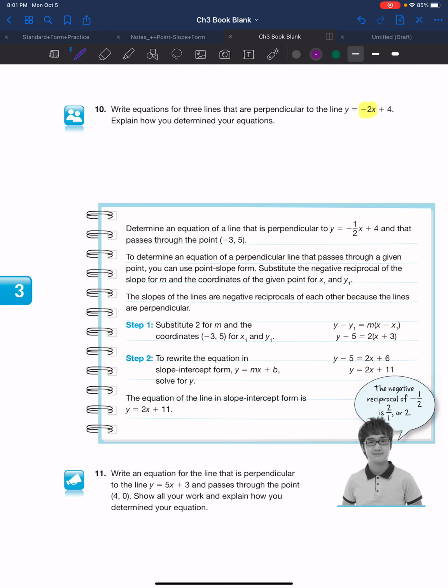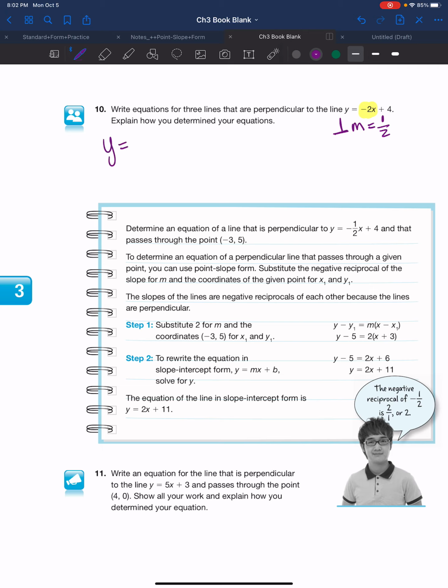Something that helps me remember is perpendicular is a really long word and it sounds complicated, so that's the one we have to do the complicated stuff to. So to find my perpendicular slope to negative 2, remember I change the sign and flip. I change the sign from negative to positive, and then I flip 2 over to give me 1/2. So positive 1/2 is our perpendicular slope.